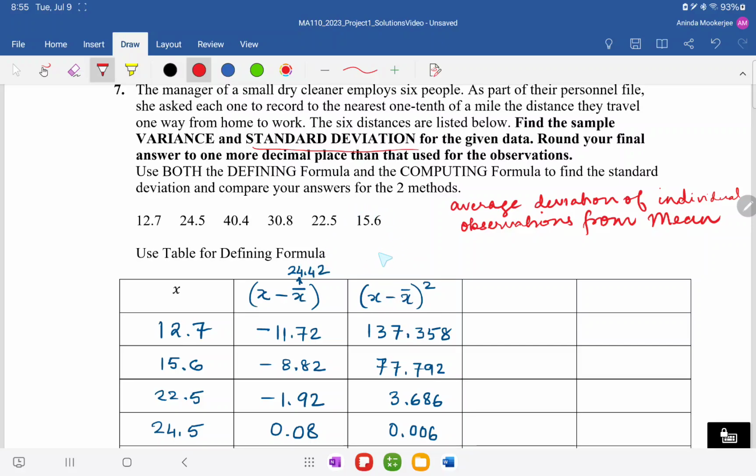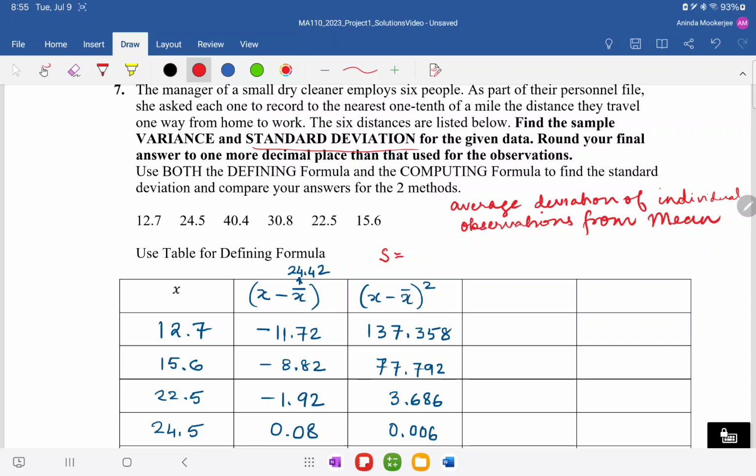The sample standard deviation is denoted by the letter S. I'm going to write the formula using the definition that I just wrote out. It says the deviation of individual observations. Deviation means how much each observation deviates from the mean.